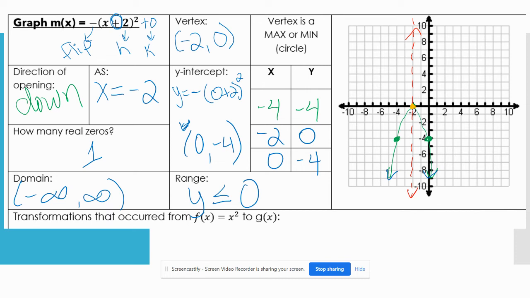Our transformations. So we talked about this negative in the front as a flip. Remember, that's really called an x-axis reflection. And then the plus 2 took our parent function, which starts at 0, 0, and it went to the left 2 units.